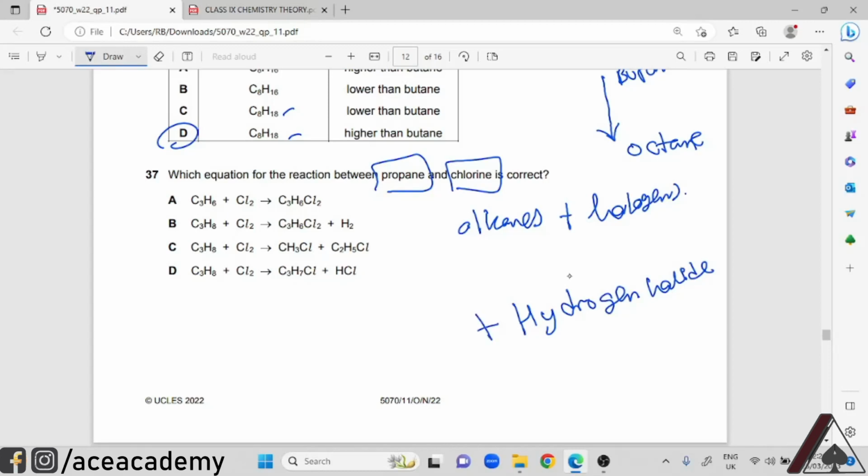And the chlorine is also displaced, right? This takes place in a displacement reaction. So one of the hydrogen atoms from the propane is displaced by a chlorine atom.